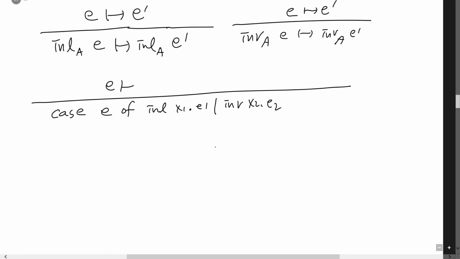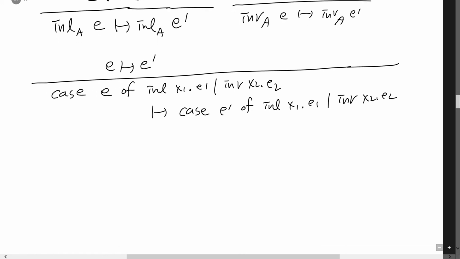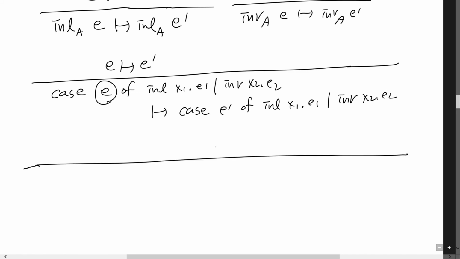So if E reduces to expression E prime, we reduce the whole expression to case expression E prime of injection left x1 E1 injection right x2 E2. Now suppose that everything goes okay and expression E eventually produces, for example, either injection left or injection right. So the first case is everything goes okay and this expression E produces something like injection left value V. So let's talk about this case.